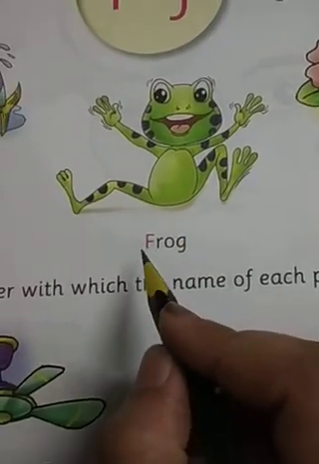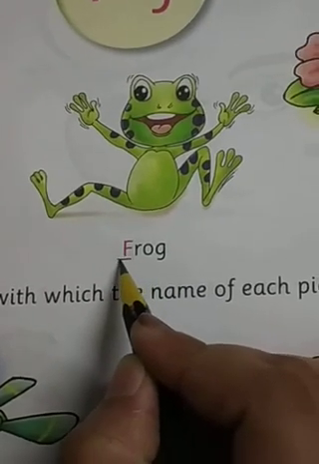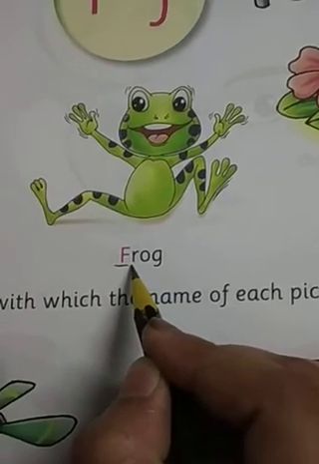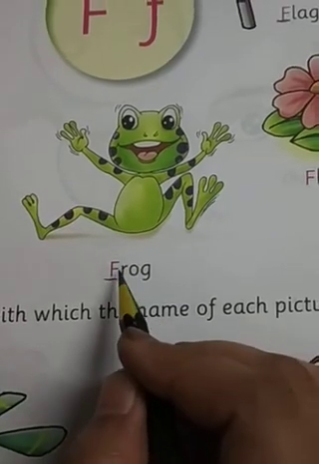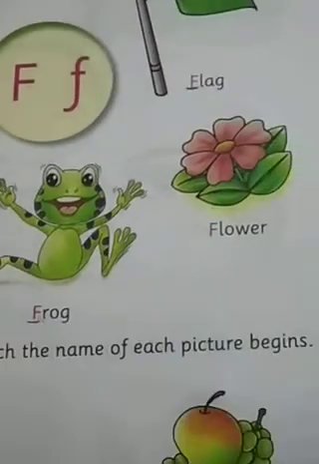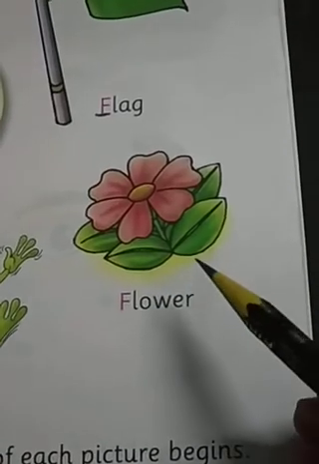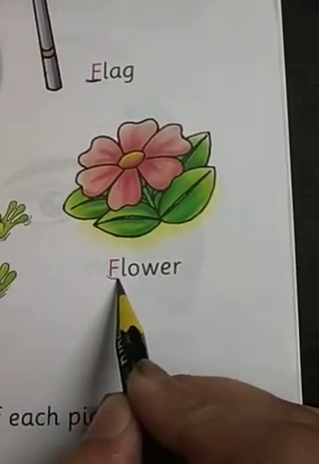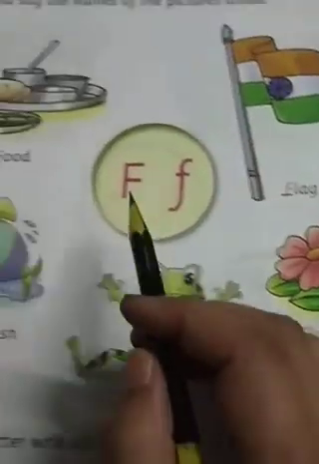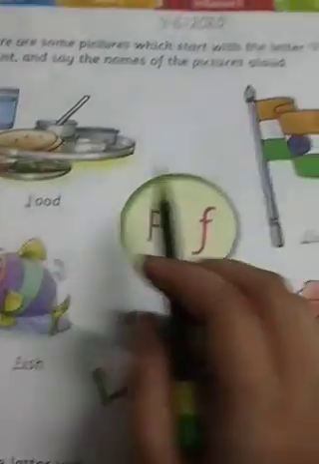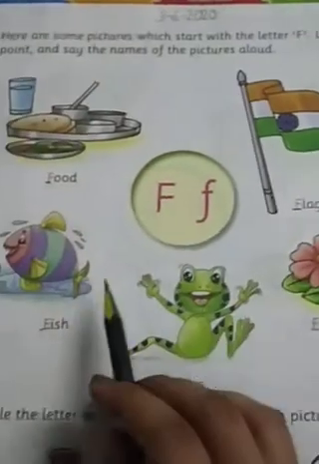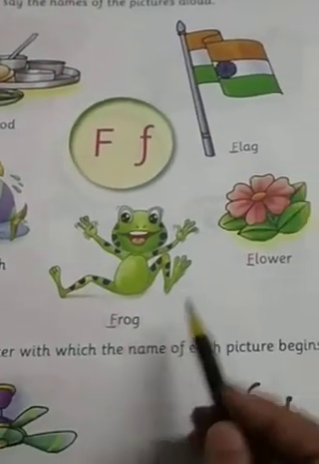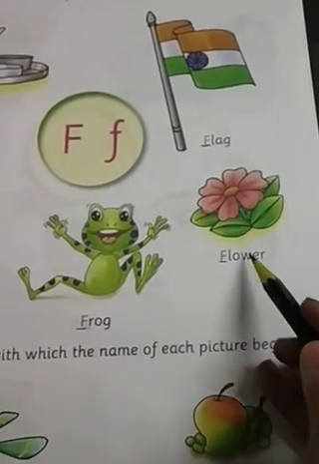So frog also starts with letter F. F for frog. The next one is a beautiful flower. Flower also starts with letter F. So, F for food, F for flag, F for fish, F for frog, F for flower.